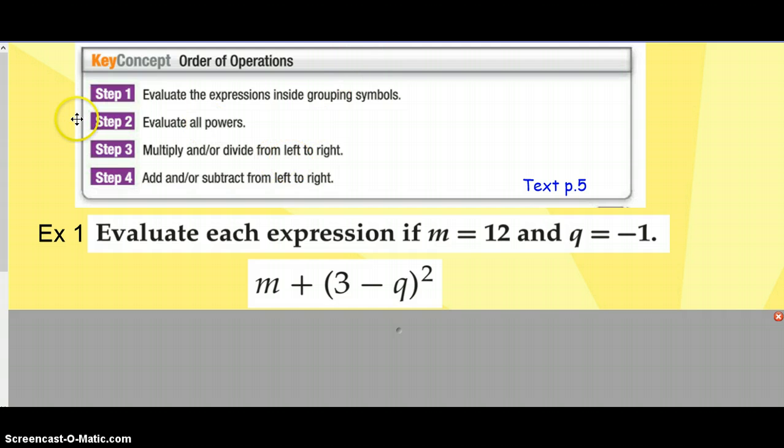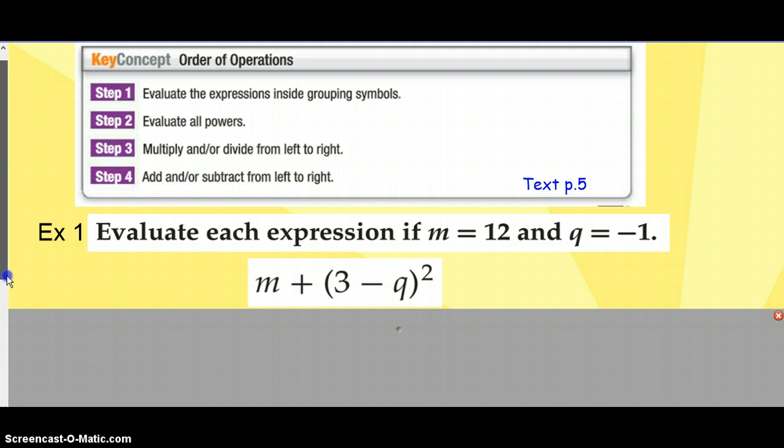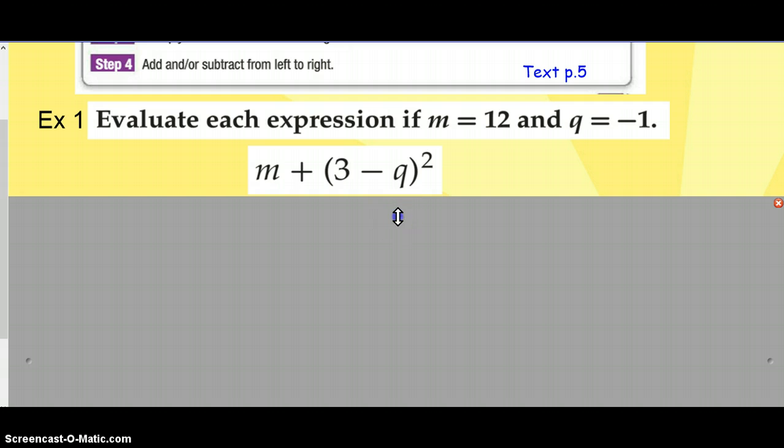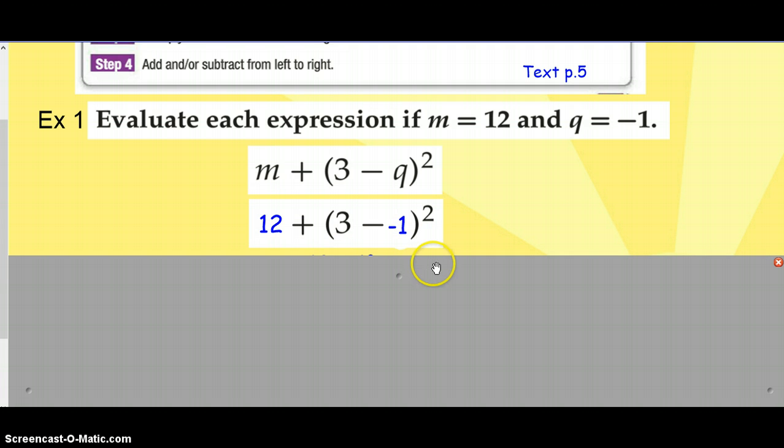Here's a good example of that. We have: evaluate the expression if M is 12 and Q is -1. Here's our algebraic expression with the variables in it, but we do actually know what these variables are. They are 12 and -1. So we're going to substitute in those values. Now we can go ahead and evaluate it by using our order of operations. Our first step is grouping symbols.